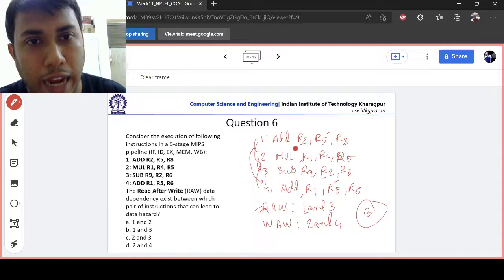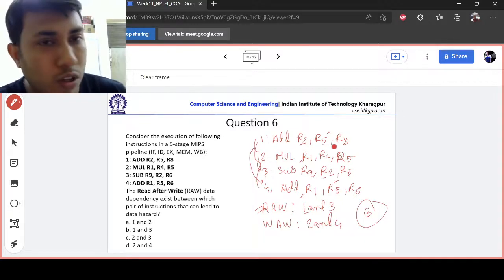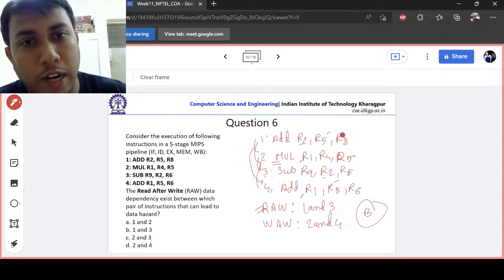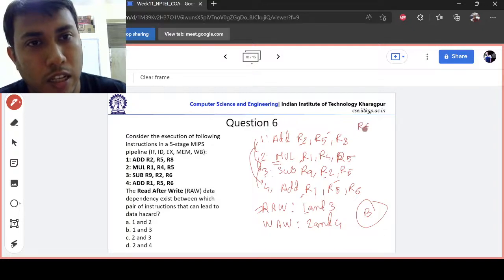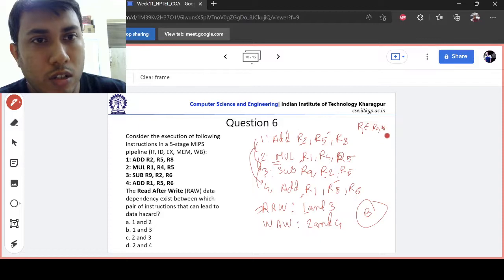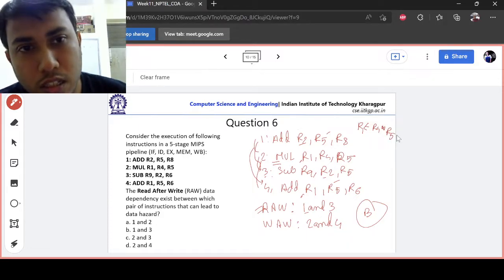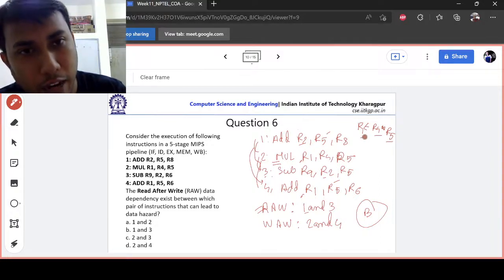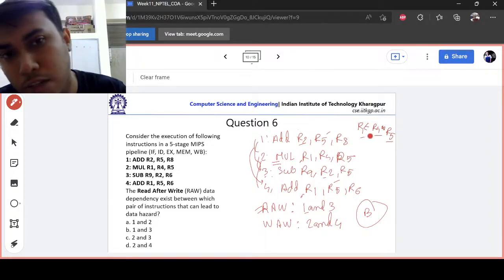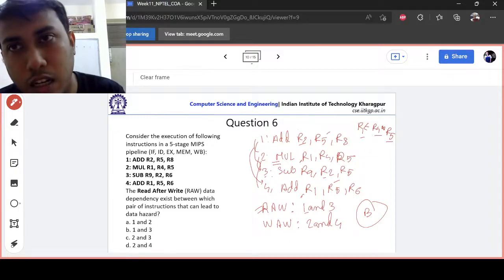Suppose this one: R1 is basically R4 into R5, right? So R4 and R5 are the operands, and R1 is the destination register where we are writing the result.